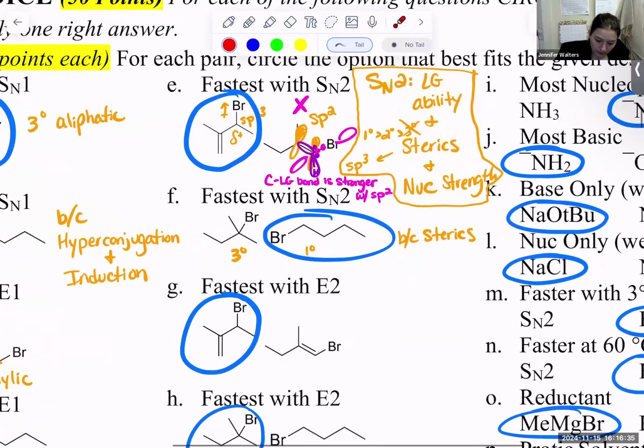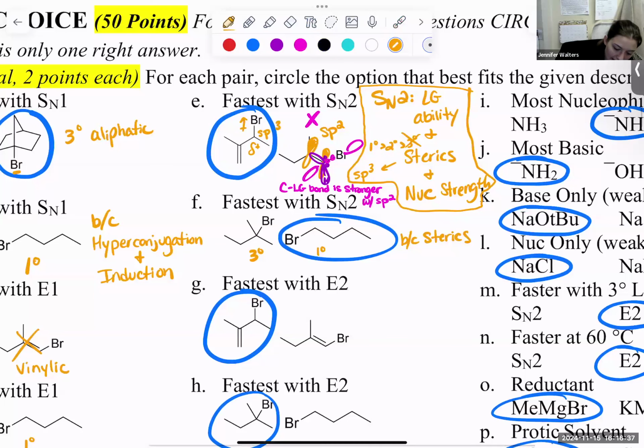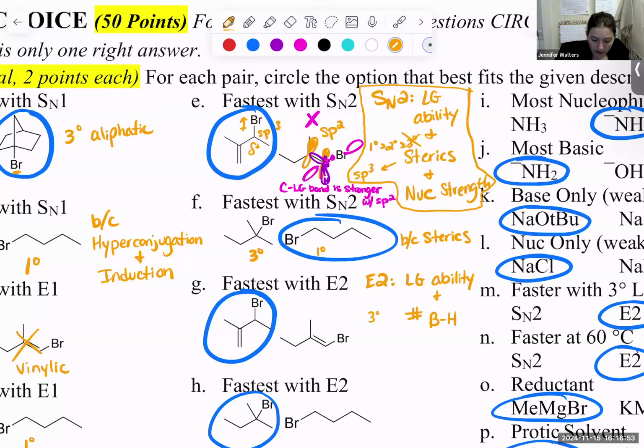For E2, our rates depend on our leaving group ability and the number of beta hydrogens. That's why, for substituents, tertiary was better than secondary, which is better than primary.